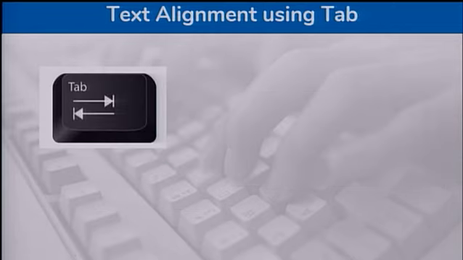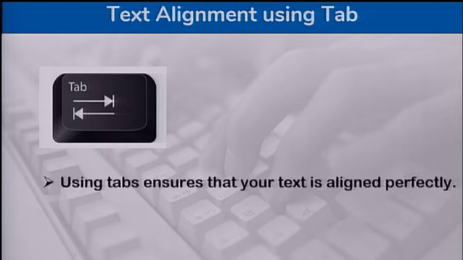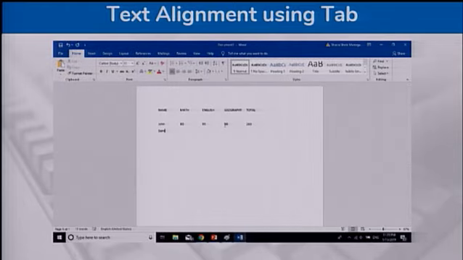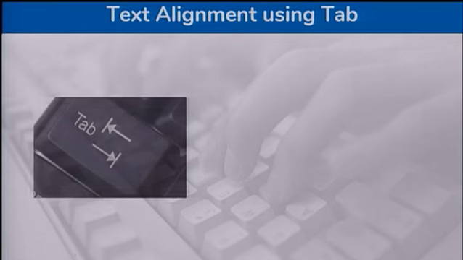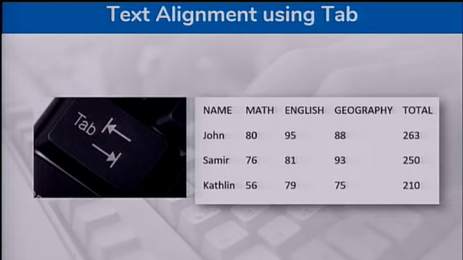Using tabs will ensure that your text is perfectly aligned. Let's have a look at the previous alignment exercise carried out using the Tab button. As you can see, all the figures are placed directly under each other when we use the Tab button for alignment.